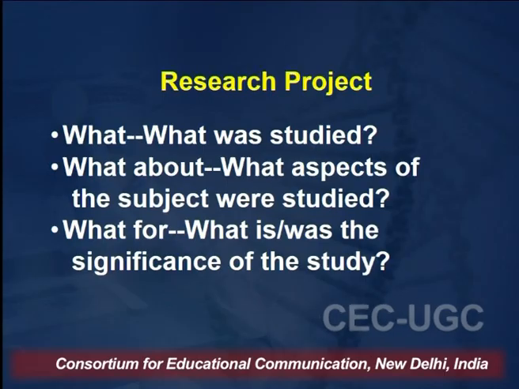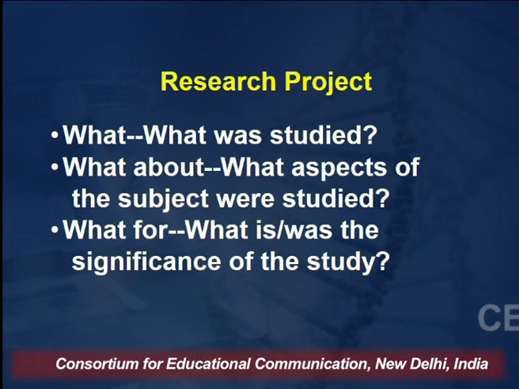We will see how we execute these whats into different elements of a research project. The whats that we ask are: what was studied, what aspects of the subjects were studied, and what for. So what is the significance of this kind of study? So when you start with a research project, you have to basically ask these three whats.